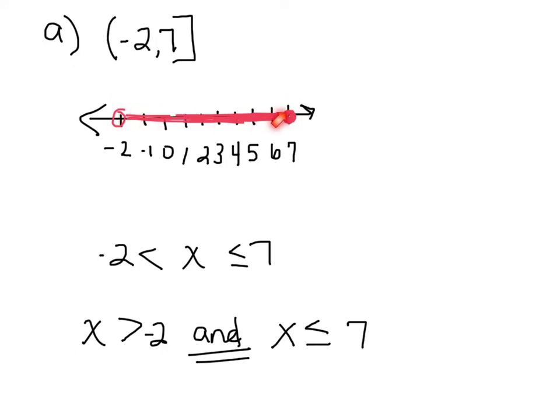The shaded region represents the compound inequality of the region that makes x is greater than -2 true and x is less than or equal to 7. You don't have to write the second part, but this is the answer that I want: -2 is less than x, which is less than or equal to 7.